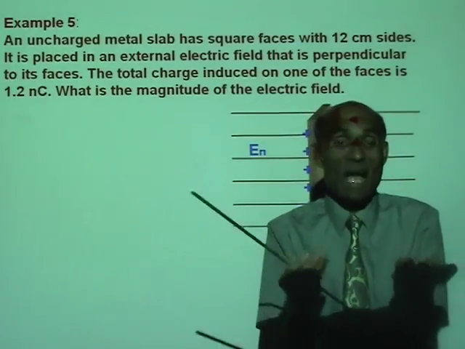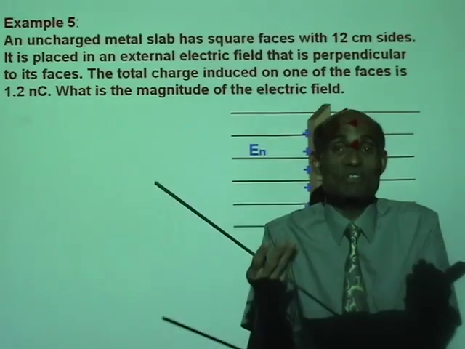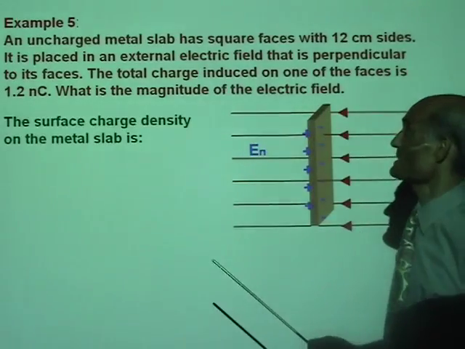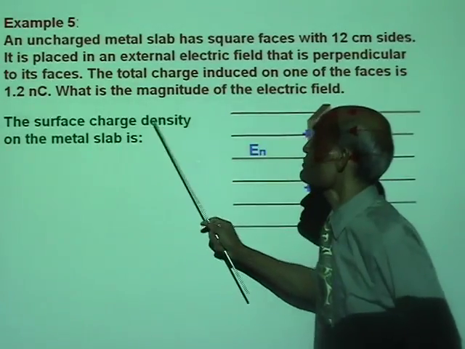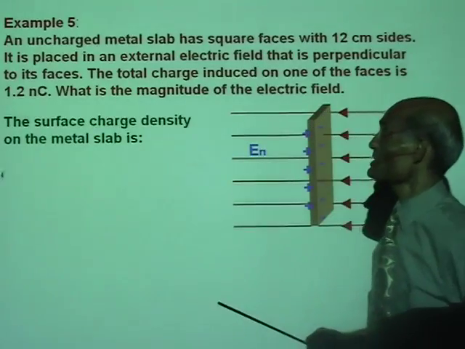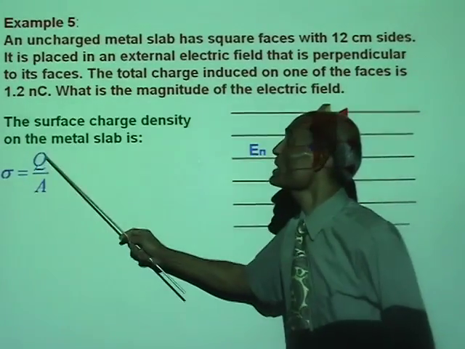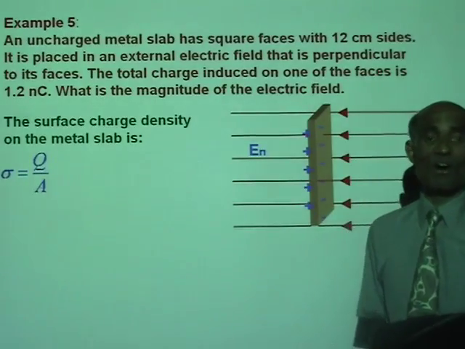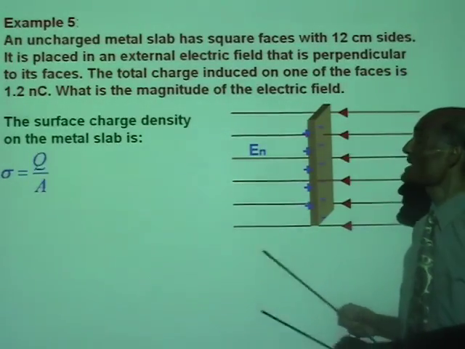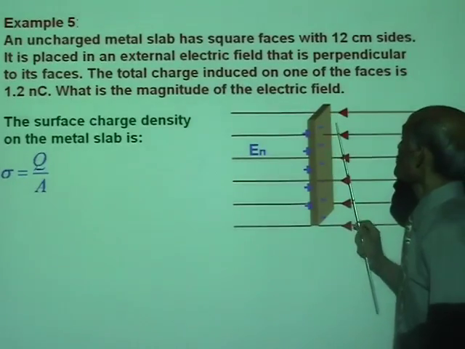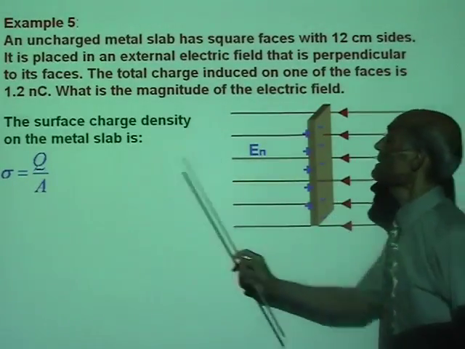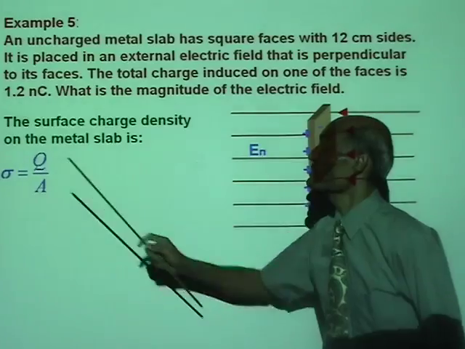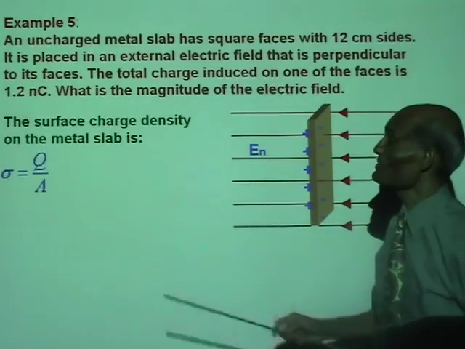You know that this happens because of the polarization of charges inside the conductor. The surface charge density on the metal slab is sigma equal to Q over A. Is that right? That is the definition of surface charge density.